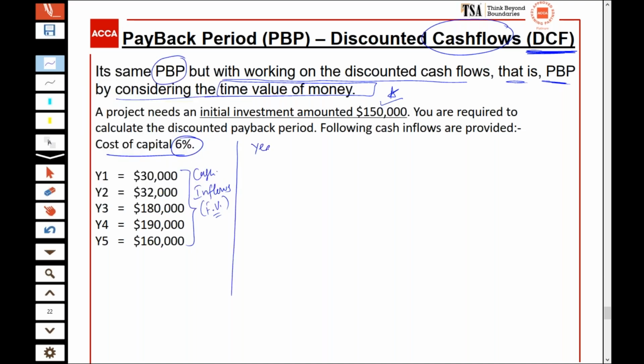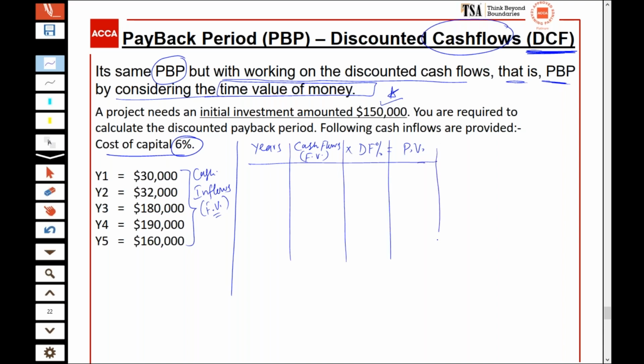First of all, years, then cash flows, future value, then discount factors, and then present values.